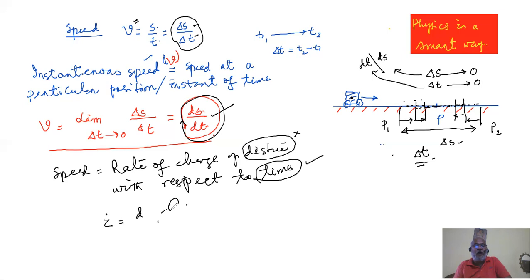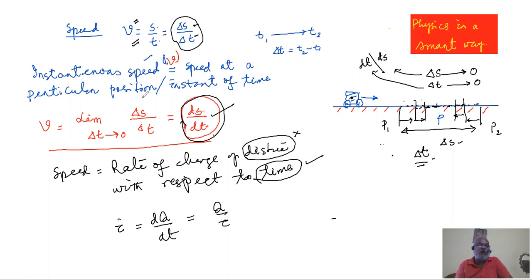Sorry, my pen got stuck up. So instantaneous current is expressed as dq by dt. But usually at your school level, you used to express current as q by t. The same thing happens here.